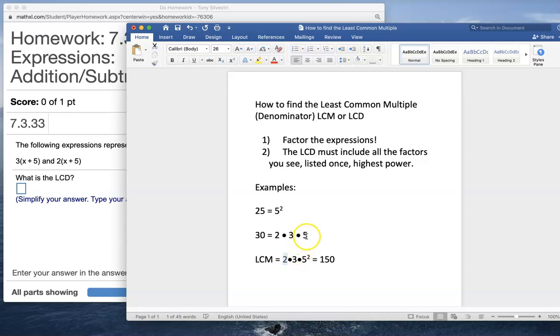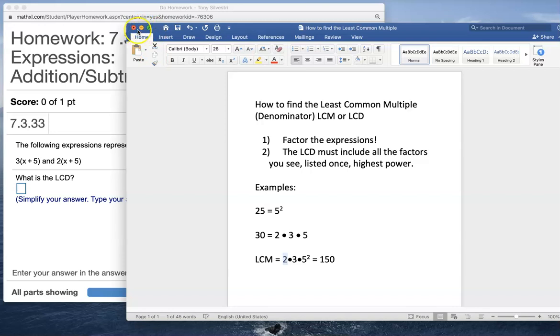I see a 5. I list it once. I see a 5, but you take the highest power 5 you see. 5 squared. There it is. So 2 times 3 is 6, times 25 is 150. That's the lowest common multiple. I'm going to post this in your Blackboard unit.